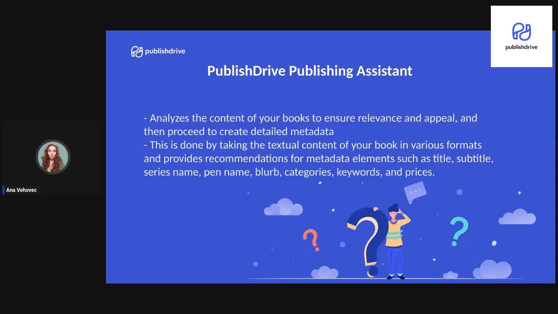So effective metadata impacts visibility, impacts interest, and it does lead to sales conversions, which is something that everyone wants to keep in mind when working on the presentation of their book and the metadata itself. By optimizing metadata, our Publishing Assistant helps your books stand out in the competitive digital landscape.